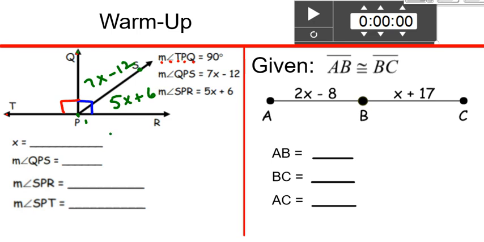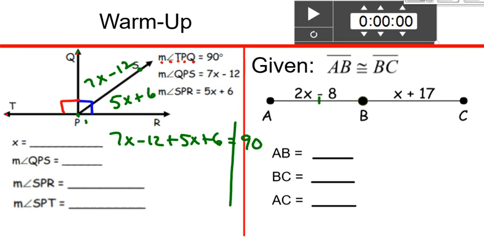So let's see what I get here. 7x minus 12 plus 5x plus 6 has to equal 90. That is your equation, so go ahead and set it up, solve for x, and find the measure of the missing angles.